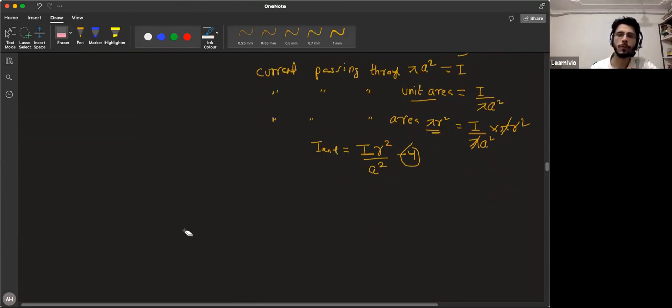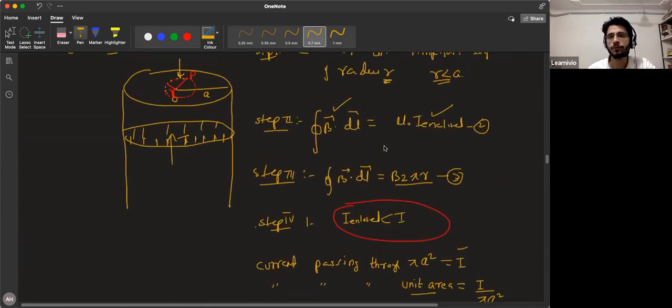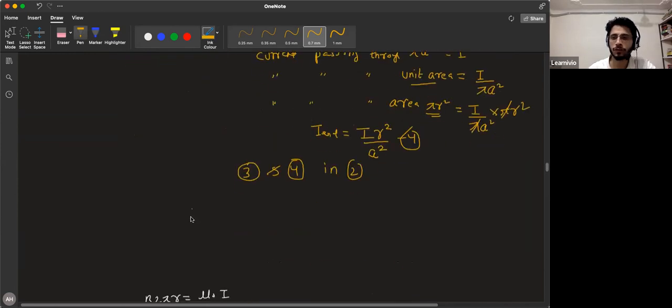When we substitute 3 and 4, we get B dot dl, which is B into 2 pi r, is mu naught I enclosed, which is mu naught I r square by a square. So this r will cancel this square.